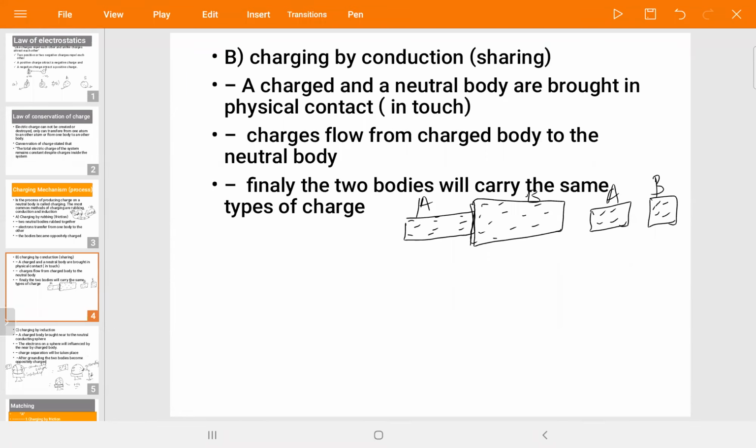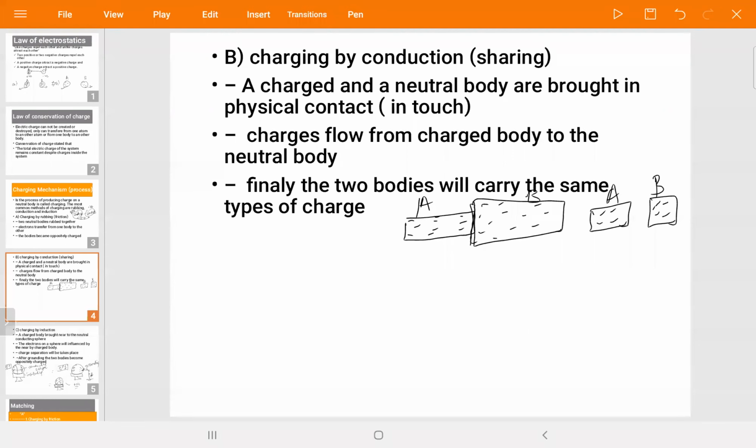For example, for this case, A is the initially charged object, whereas B was neutral. Since A has an excess of electrons, electrons have migrated from A to B, and after being redistributed, finally the two bodies will have the same types of charge.